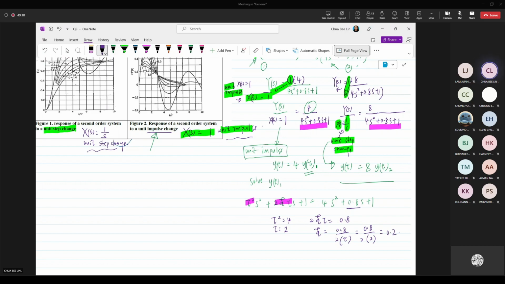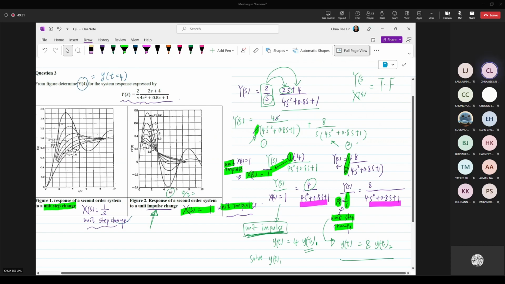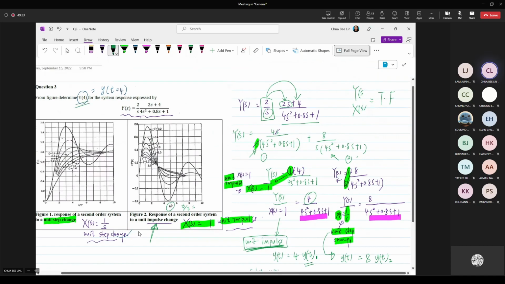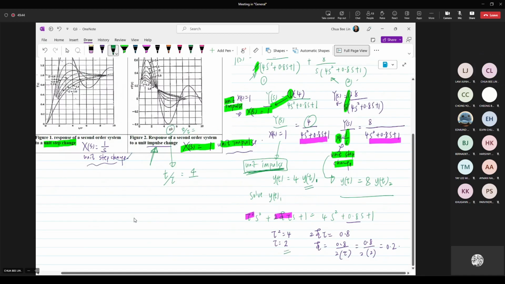Okay, and the first YT is using impulse. So you focus on this curve, you will solve T over tau, where they ask you to find Y4. So your T is 4. So T over tau, 4 over tau is 2.